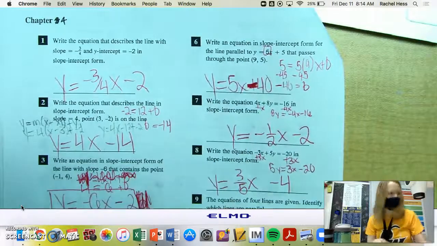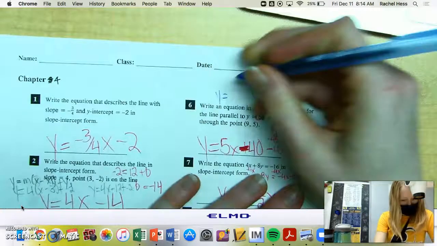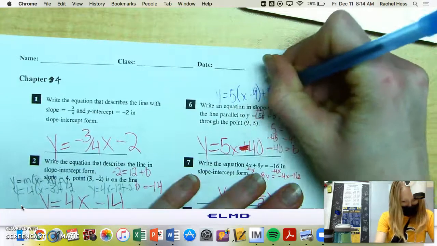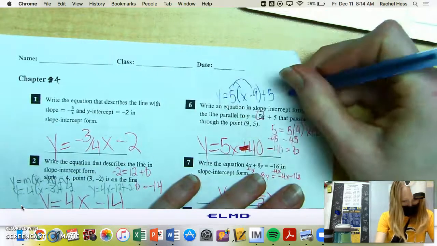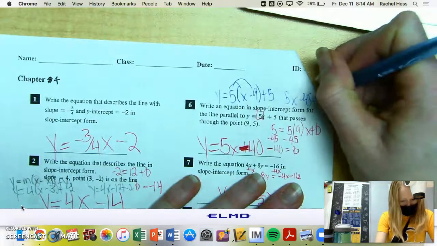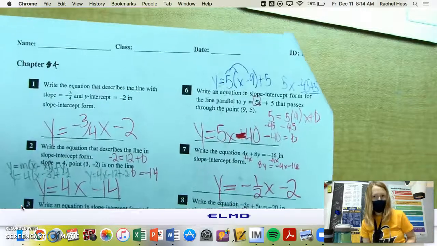So you would have had something like this. So y is equal to 5 times x minus 9 plus 5. And then you would have had to distribute to get 5x minus 45 plus 5, and then combine like terms to get negative 40, right?